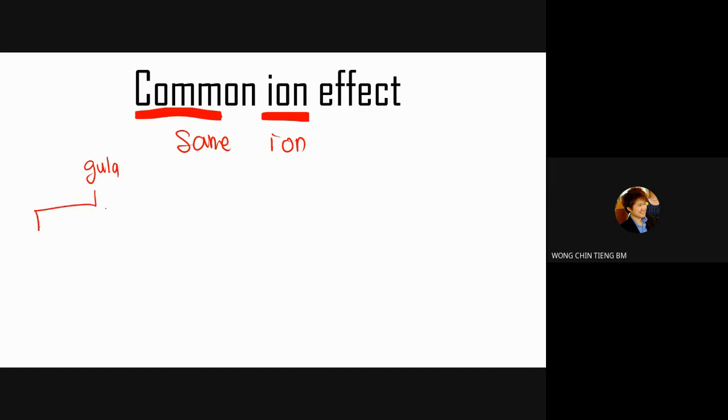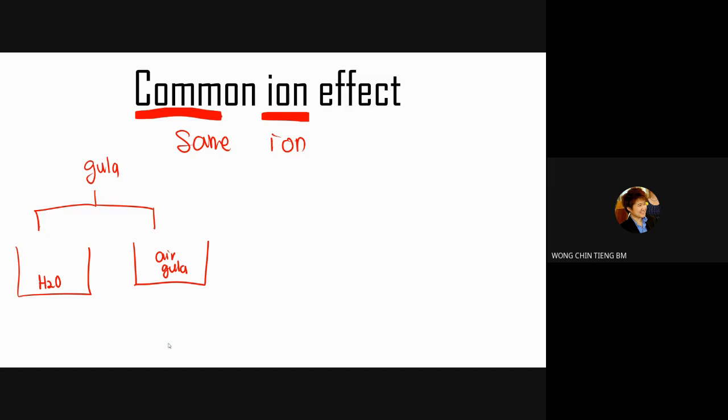Saya nak larutkan gula dalam beaker yang hanya ada air dan juga dalam beaker yang ada air gula cair. Alright? So I have two beaker right now. Satu adalah pure water, satu adalah air gula. Dan saya bagi satu beaker kat Go, satu beaker kat Lau. Okay? Go akan pegang air kosong, Lau akan pegang air gula.